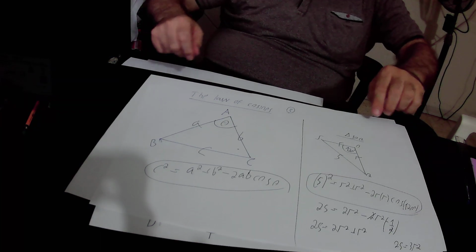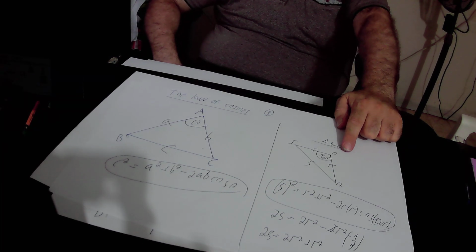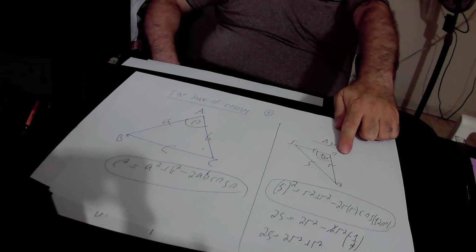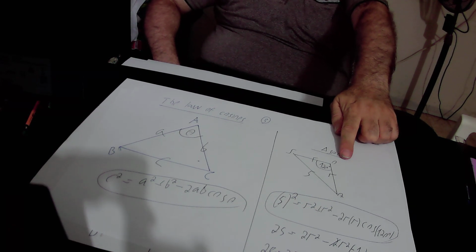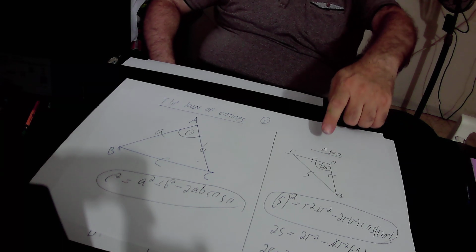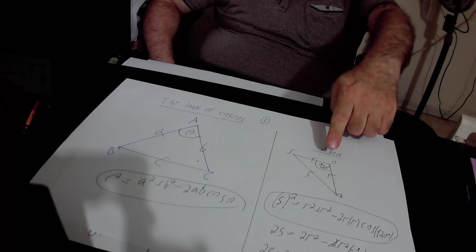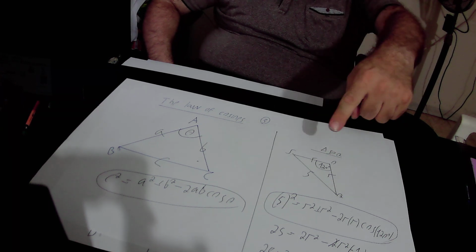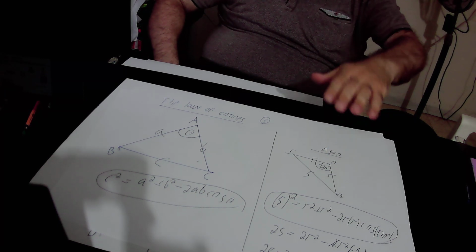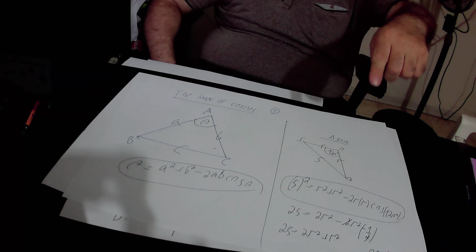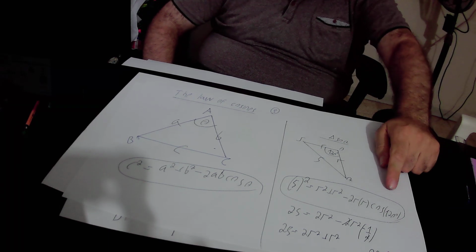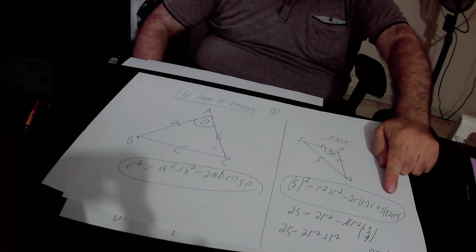I copied triangle QOS here, and in this triangle, according to the law of cosines, we get that 5 squared equals R squared plus R squared minus 2 times R times R times cosine 120 degrees. 5 squared is 25, R squared plus R squared is 2R squared, minus 2R squared times cosine 120 degrees, which is minus 1/2.